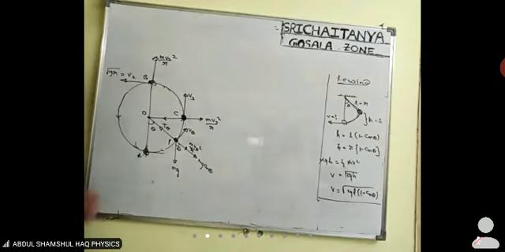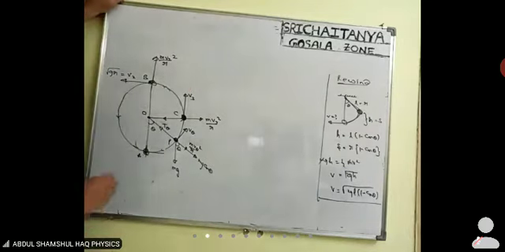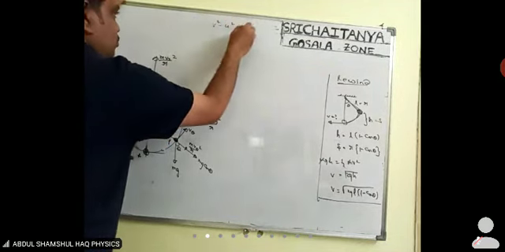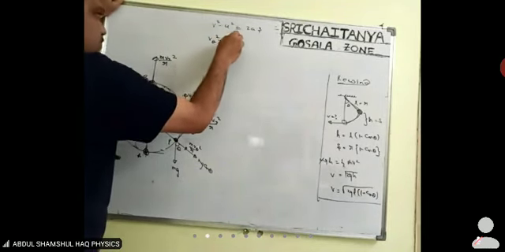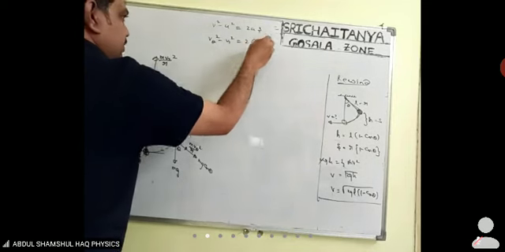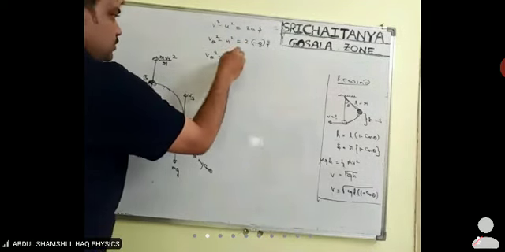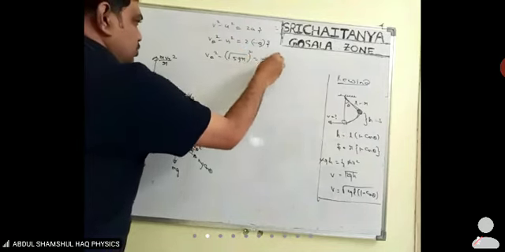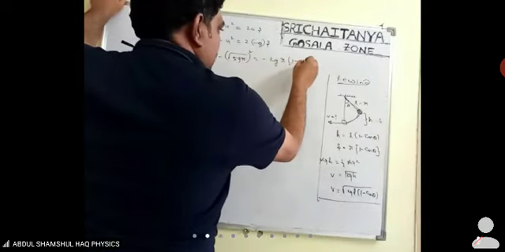Okay, so in that case, students, if I consider the equation V square minus U square equal to 2as, V theta square minus V1 square, the body is moving up, this is S. So V theta square minus root 5gr whole square minus 2g into S. S is nothing but r into 1 minus cos theta.